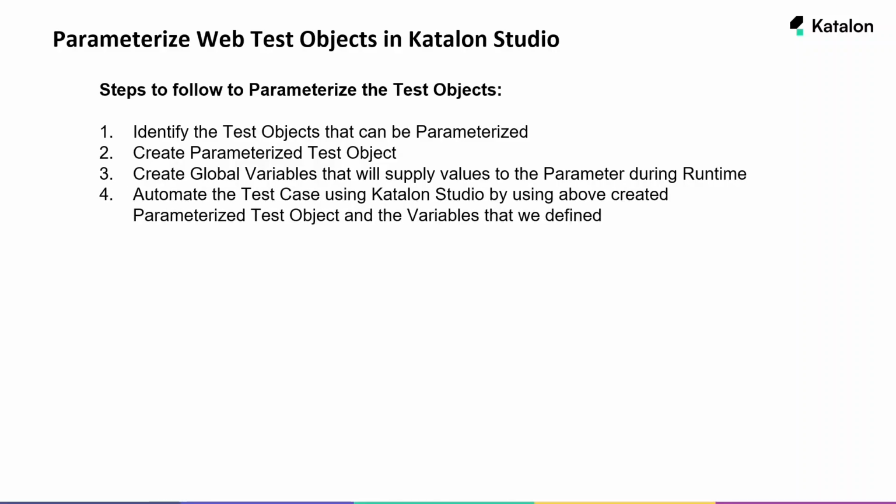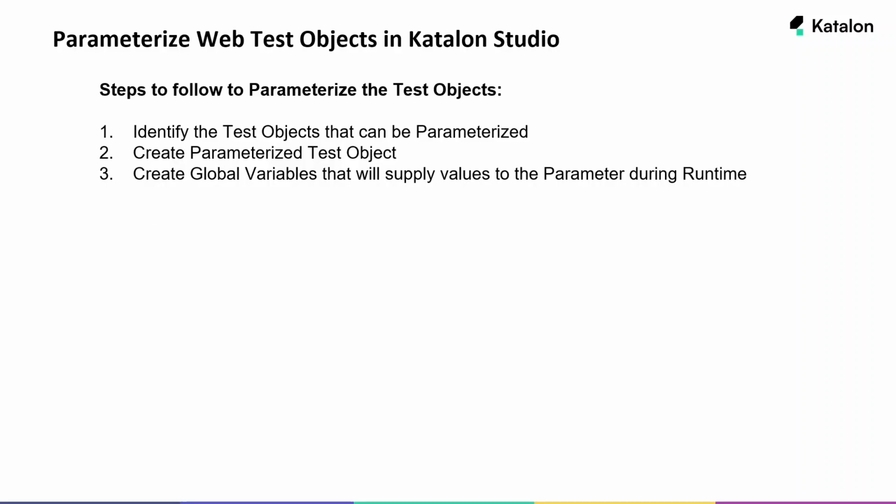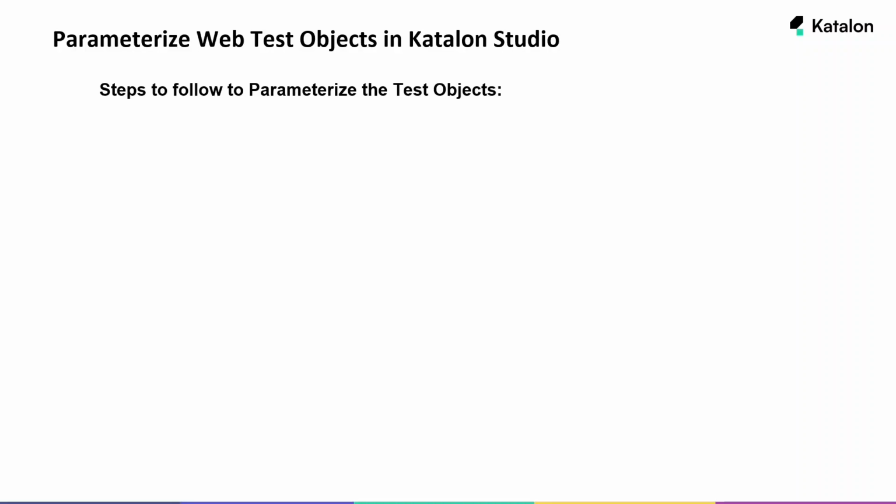And then we need to automate the test case using Katalon Studio by using above created parameterized test object and the global variable that we defined. So now let us jump onto the system and see how can we automate or how can we parameterize the test object by using global variables.